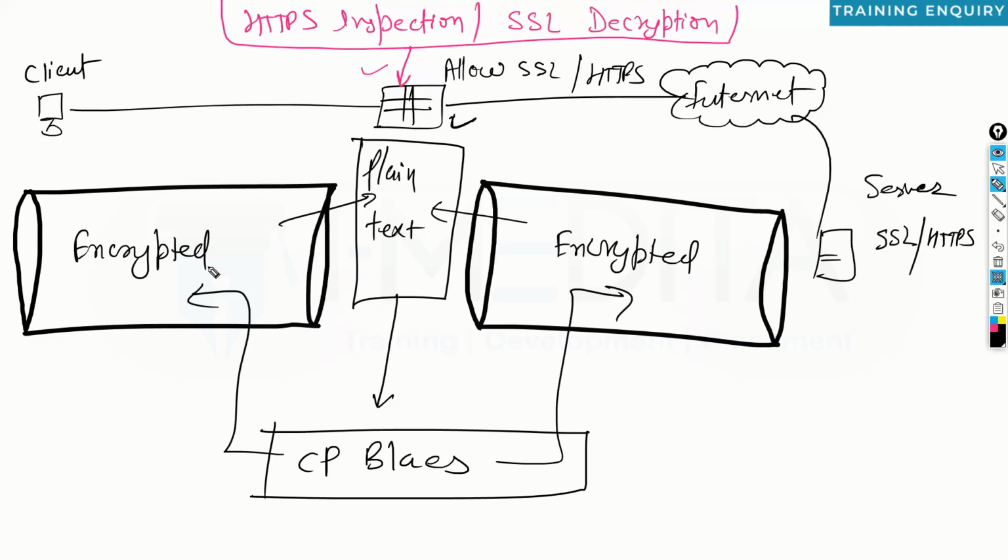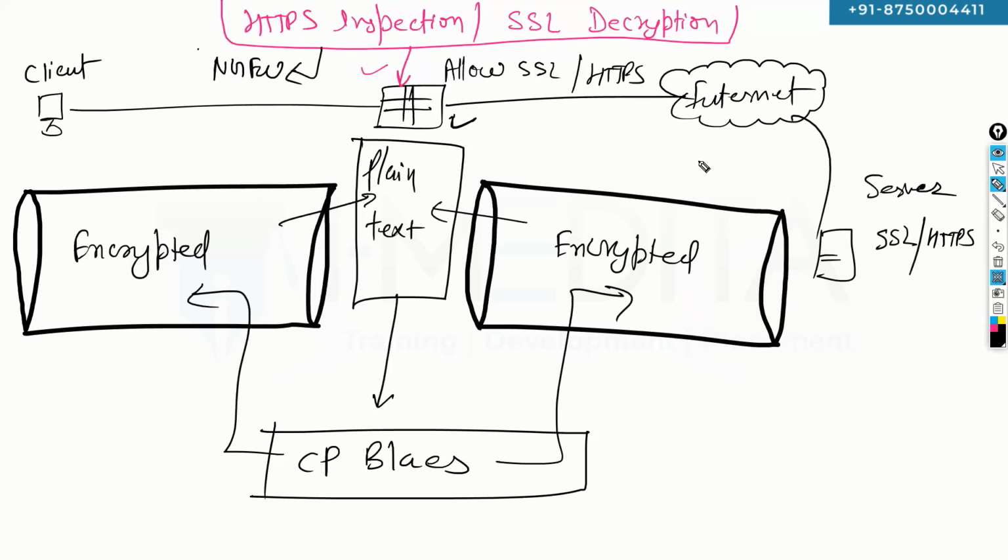But remember, you can only see which kind of data is going under the SSL tunnel if you enable HTTPS inspection or SSL decryption. You will enable SSL decryption or HTTPS inspection, and this feature is only available on a next generation firewall.